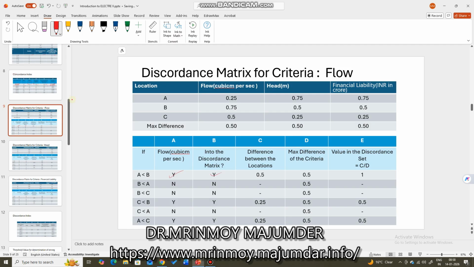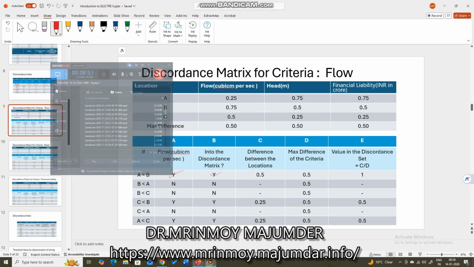The difference between the locations is 0.5, and the maximum difference of the criteria. Here there is a catch. In the discordance matrix we ask whether A is less than B, because the discordance matrix is actually vetoing the matrix so that the values of the matrix don't get exaggerated. That is why they always do this practice.